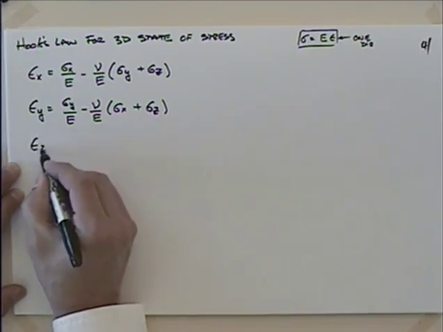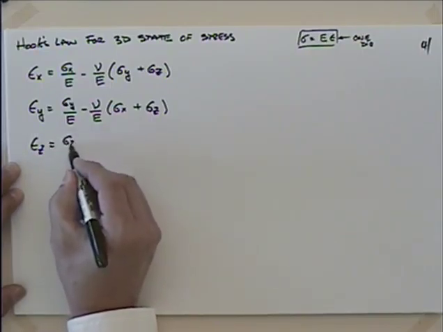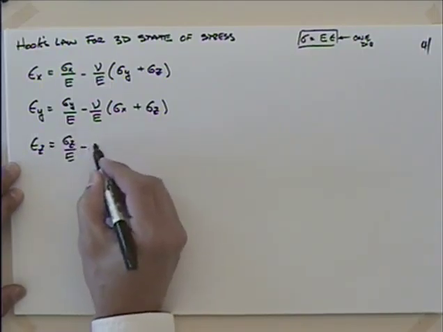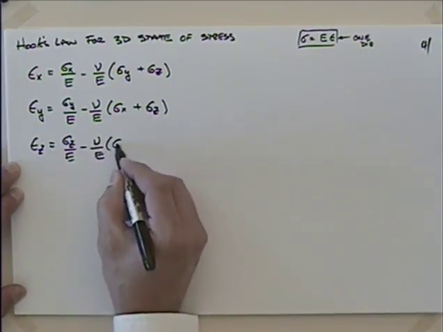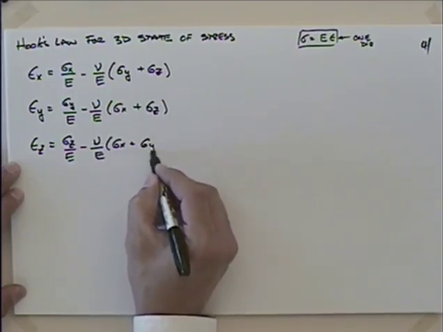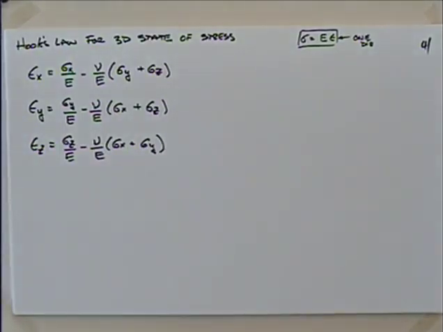And then epsilon z, that's sigma z over Young's modulus minus Poisson's ratio over Young's modulus times the quantity sigma x plus sigma y. Did we get those all right? I think so. Let me double check that.